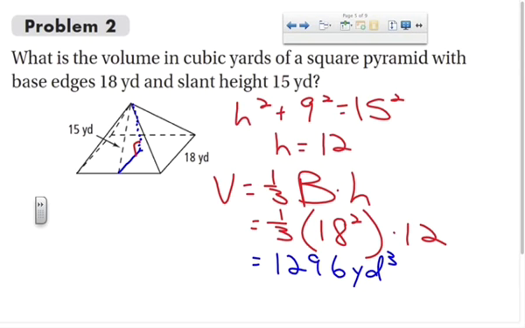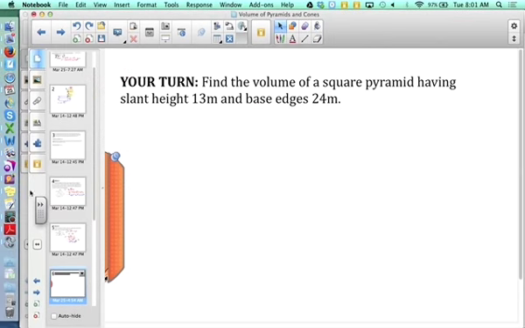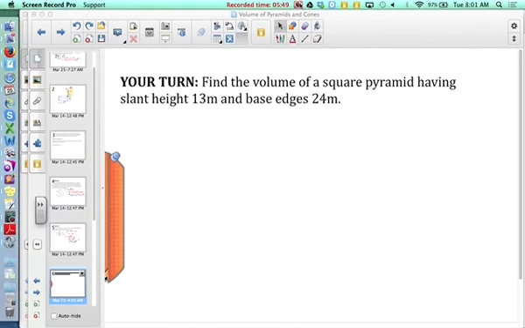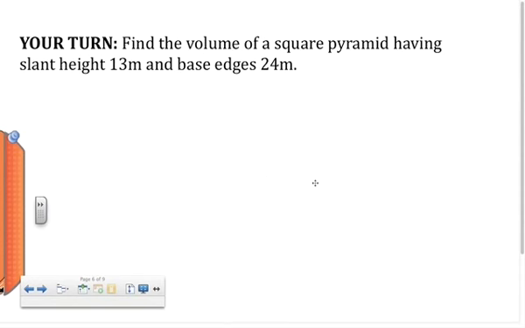Okay, then we're good. There's your turn. Please take a moment and work through that within your group. Okay, you're ready to compare your work to mine.